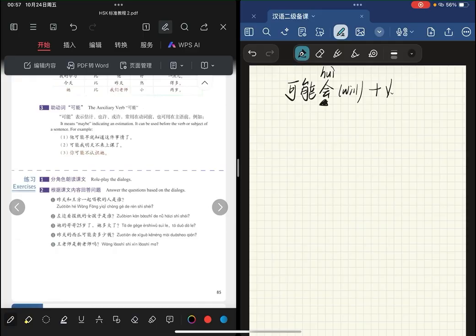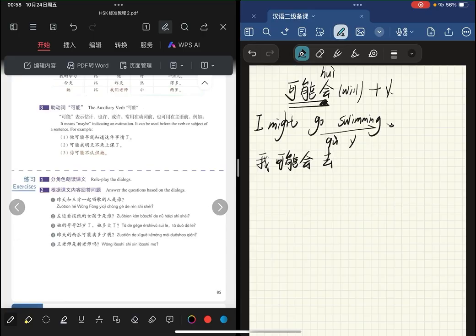So I can say I might go swimming. This is just a plan. This action hasn't happened yet, right? I might go swimming. So I can use this one: 我可能会去游泳.